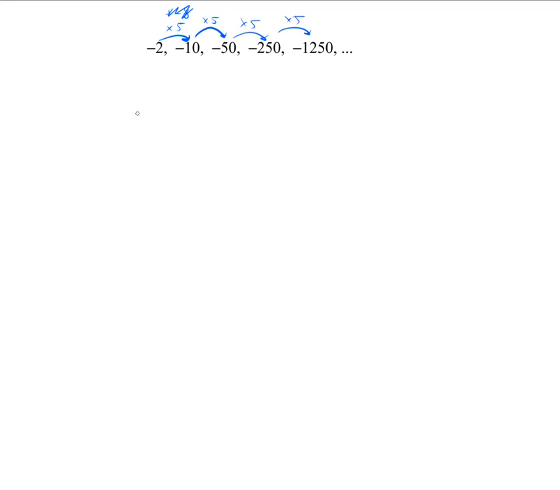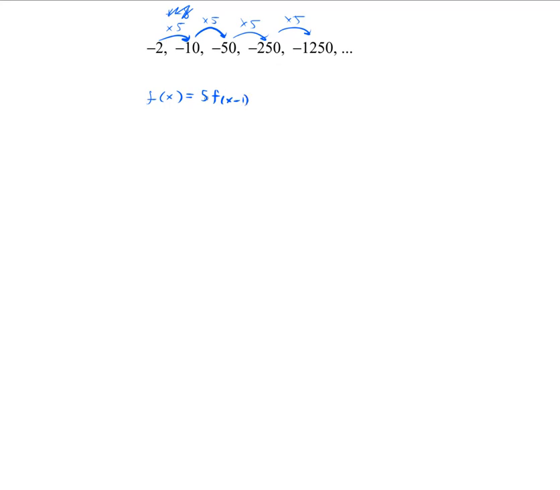And so in this case here, I'm going to start off with my f of x this time. So f of x is equal to 5 times f of x minus 1.